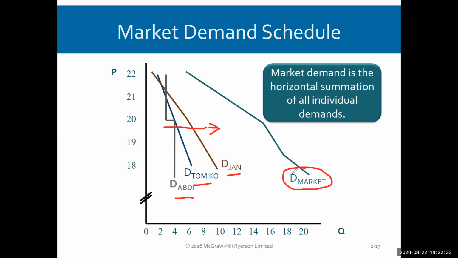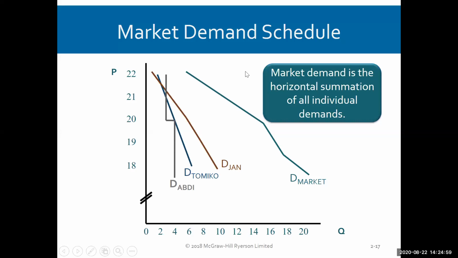So the market demand curve is really just the horizontal sum of all the individual demand curves. And that's what we look at, right? We're not really caring too much about an individual demand curve. It's kind of a theoretical thing. We just want to see the market demand curve, which has the same price quantity demanded relationship. It's downward sloping as well.